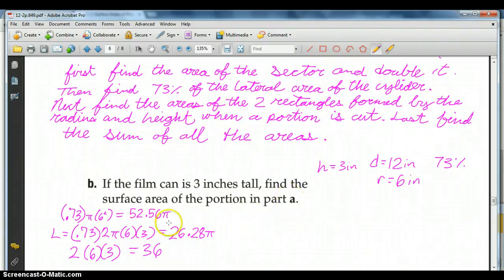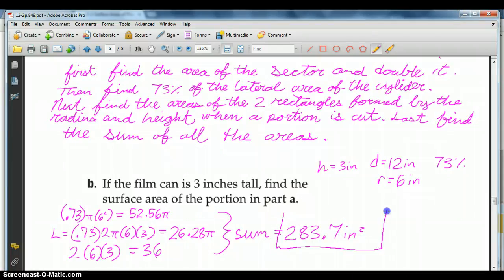So we want to add all these up. Take 52.56 pi plus 26.28 pi plus 36, and our sum is equal to approximately 283.7 square inches.